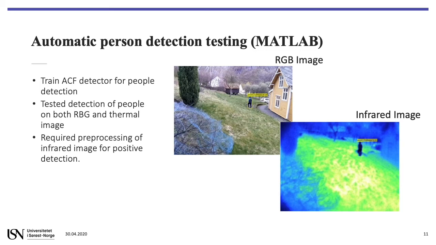We tested it on both RGB image and infrared image. The RGB image detected and classified the person with a confidence of more than 80%. And on the infrared image, we had to do a detection on the complementary part of the infrared image, and we had a classification with more than 50% confidence.